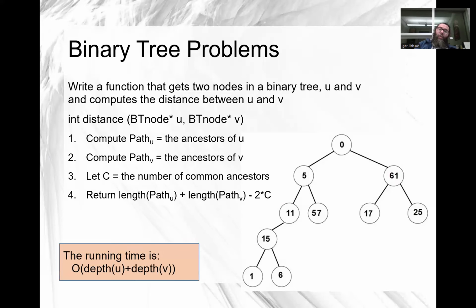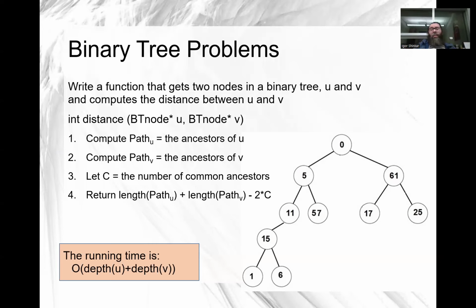And what's the running time of this? Well, look, there is some work done here. The work of this is the depth of u. There is some work done in step 2. This is the depth of v. Counting the number of common ancestors, you have 2 lists. And how do you count the number of common ancestors? They will both have the root in common. And then you check the next vertex and the next vertex and see how many of them are the same.